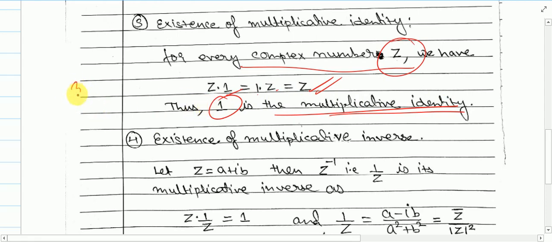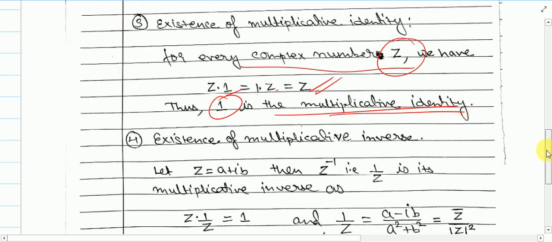Like here, if I take 3 plus 2i, what should I multiply over here to get the same complex number? Answer would be 1. So this one is called multiplicative identity. In fact, 1 is multiplicative identity for all complex numbers.